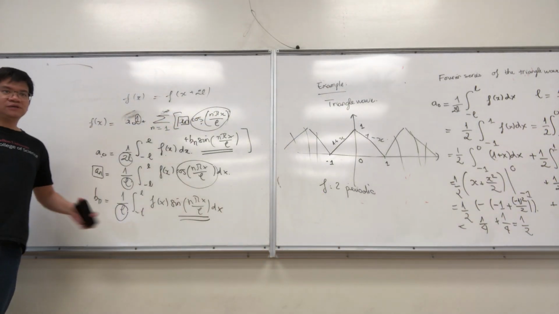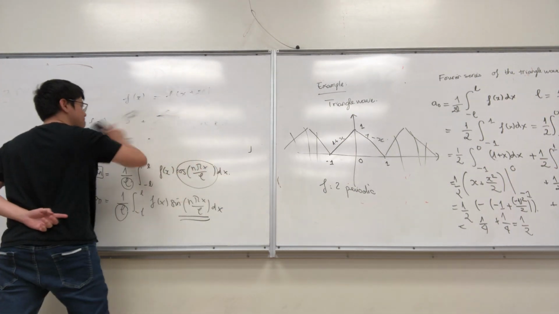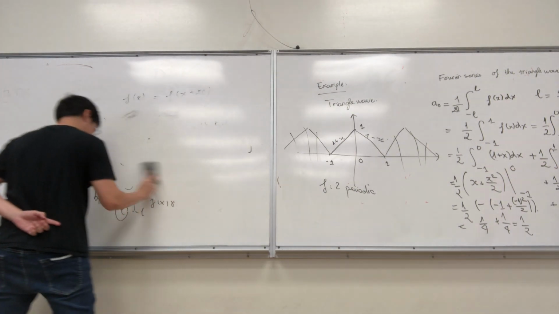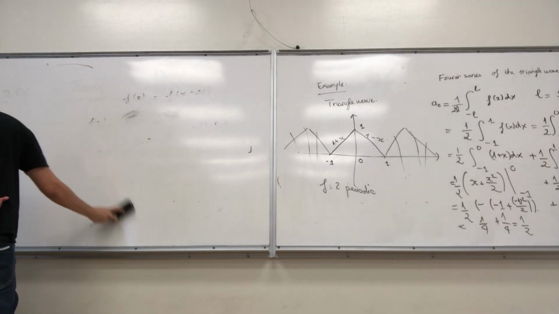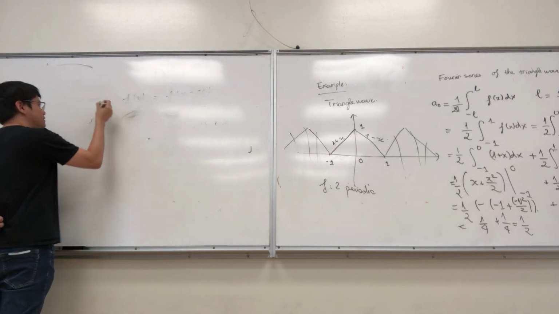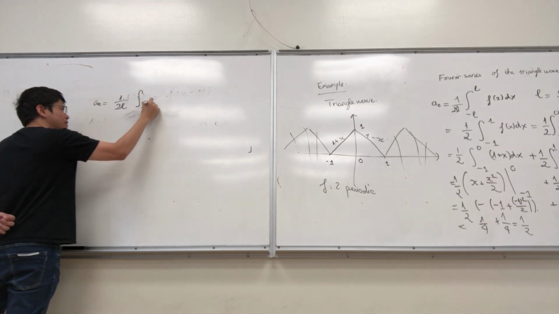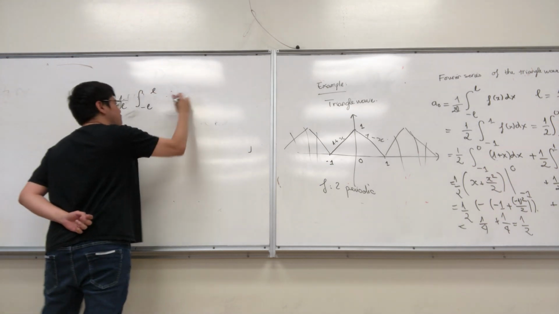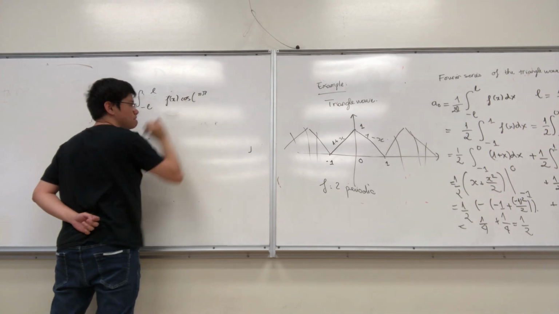Now let us compute the other AN and BN. Right, so I have AN will be 1/L, integral from minus L to L of f(x) cosinus of n pi x over L dx. Isn't it 1/L?